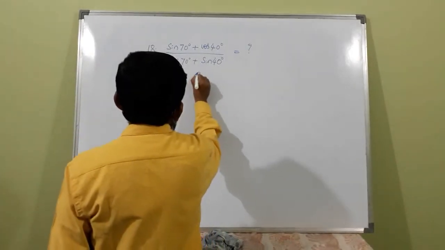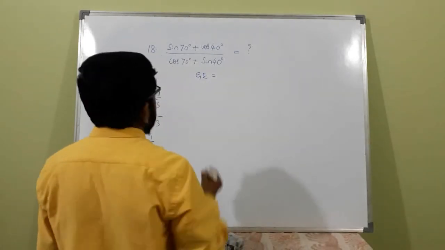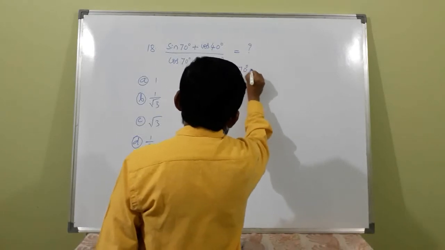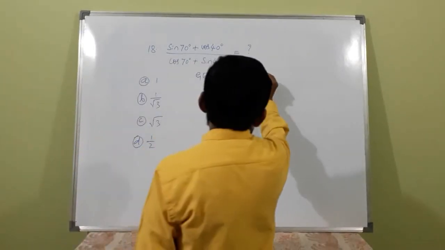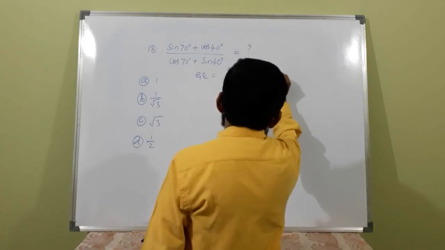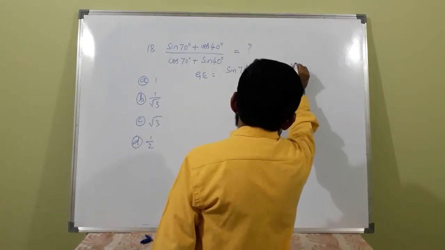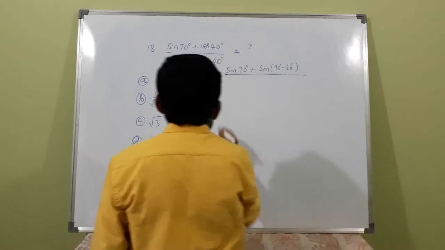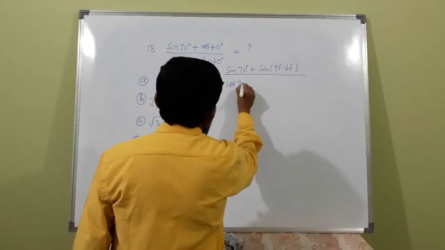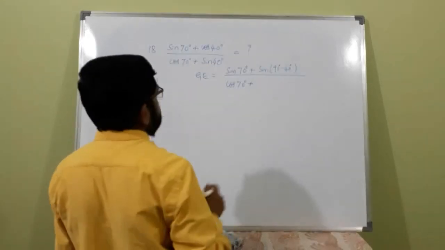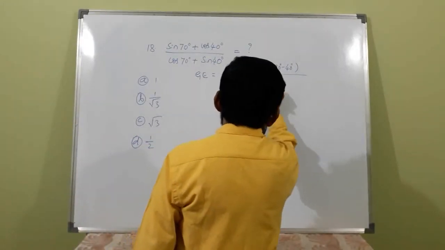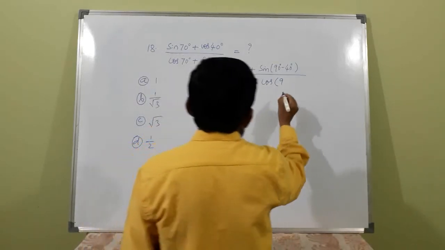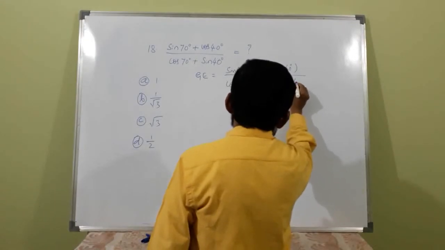The given expression is sin 70 degree plus cos 40, which can be written as sin of (90 minus 40), since sin (90 minus θ) is cos θ, divided by cos 70 degree plus sin 40, which can be written as cos of (90 minus 40) degree.